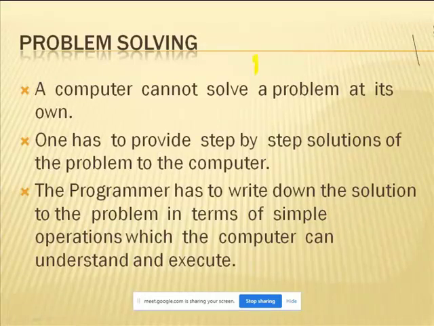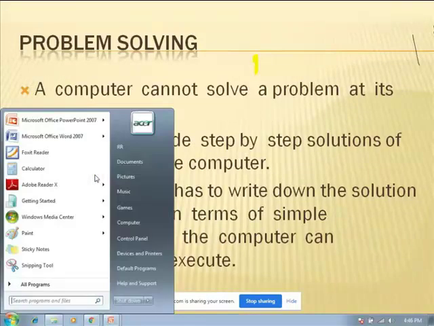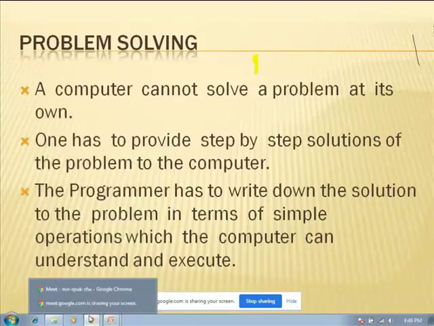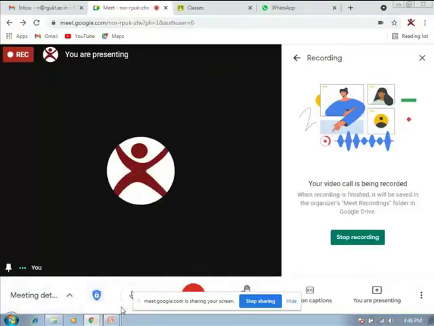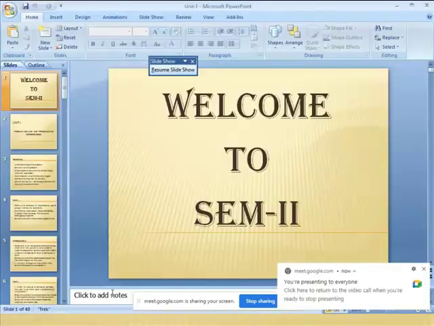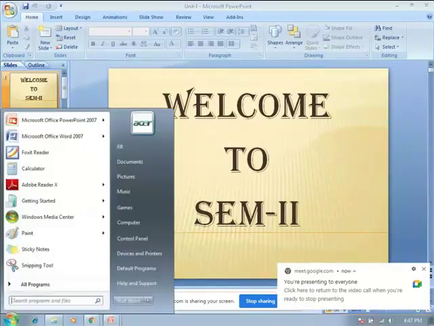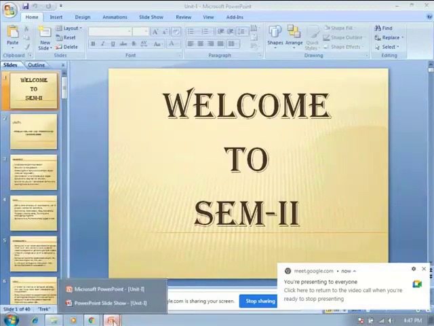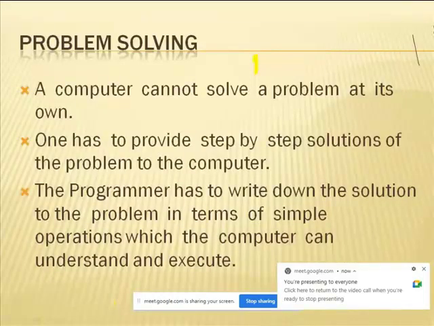When it is written in a high level language, it is called a programming language. That high level programming language has to be converted into the object level language, and only then can the system understand it.